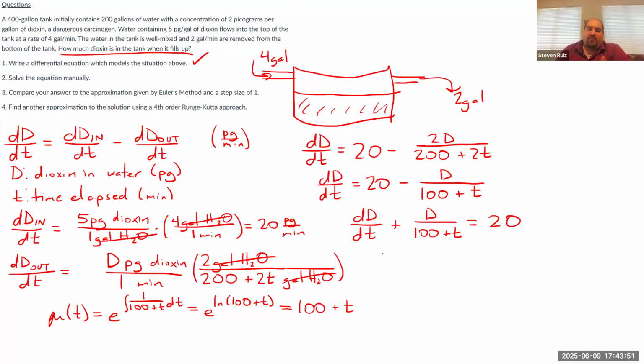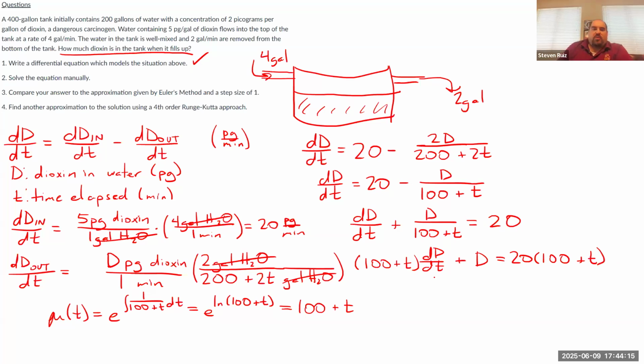So now what I'm going to do is multiply this entire equation, every term, by 100 plus t. So I get 100 plus t times dD/dt plus just D equals 20 times 100 plus t.